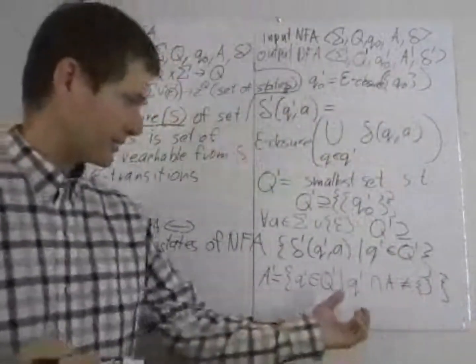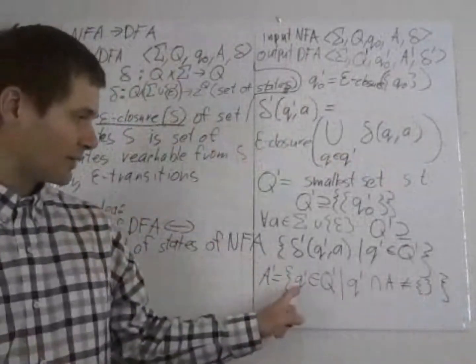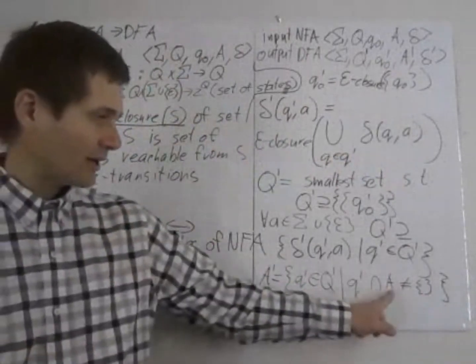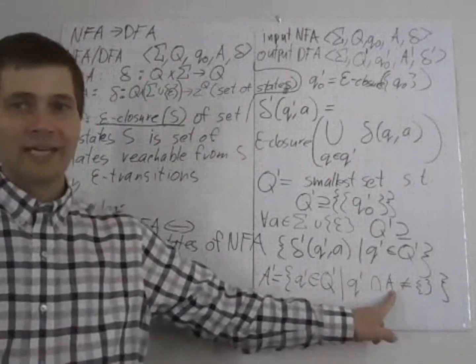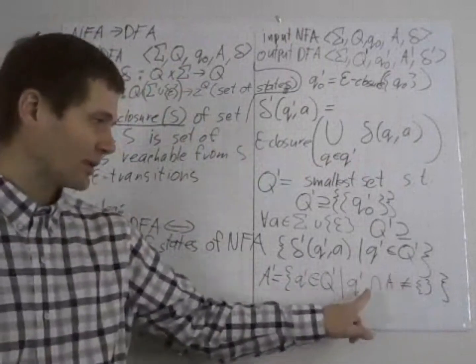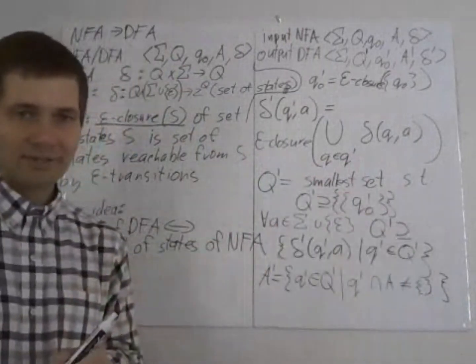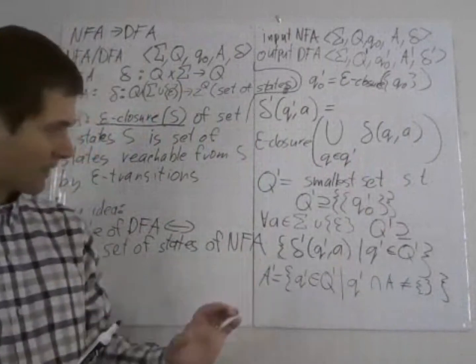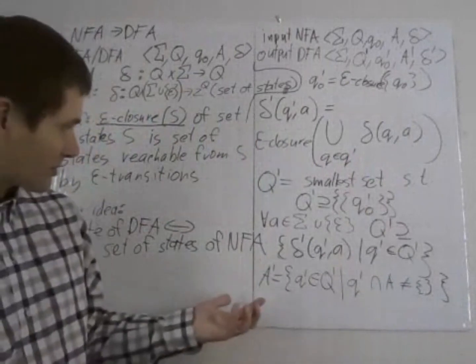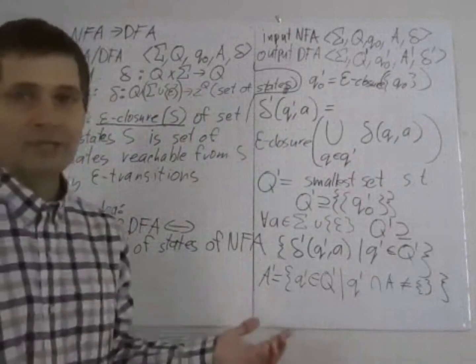This is saying at least one of the states in Q prime is also in A, and that makes the intersection of Q prime and A not be the empty set. So this definition of A prime should be mostly straightforward.